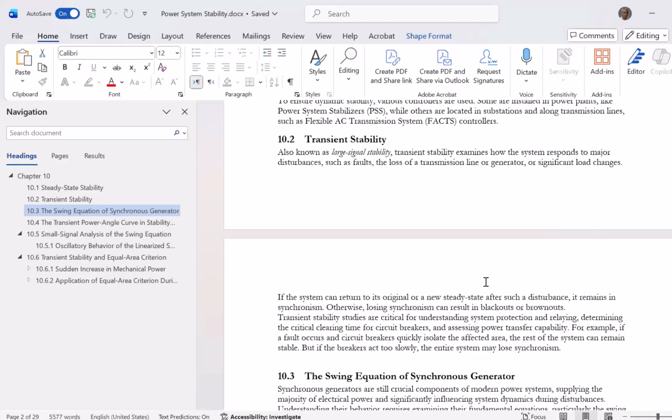So under these circumstances, when big changes happen to the system, depending on how stiff the system is, it could remain stable or it could become unstable. It could remain stable as long as that disturbance is cleared within a short period of time. But if that disturbance is not cleared within a short period of time, the system may go into instability. So here we're talking about bigger signals happening to the system.